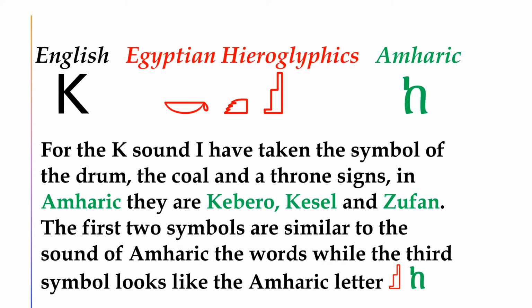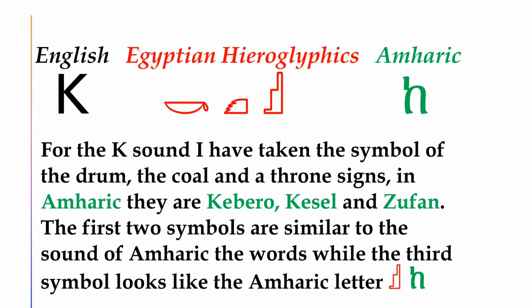But the throne sign, I've taken it as the K sound because the sign looks so similar to the Amharic K. If you turn the Egyptian hieroglyphics to the right side, or if you turn the Amharic symbol to the left side, it looks so similar, especially if you take off the lower sign on the Egyptian hieroglyphics, the lower sign that's pointing outward.